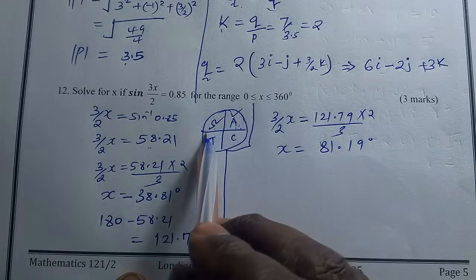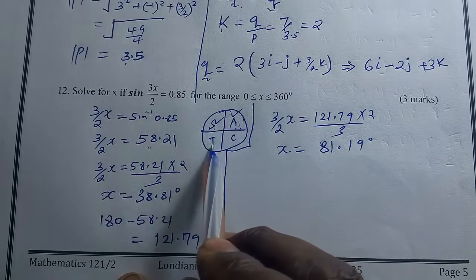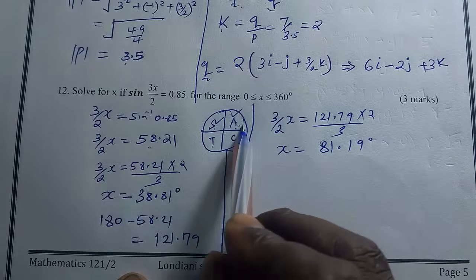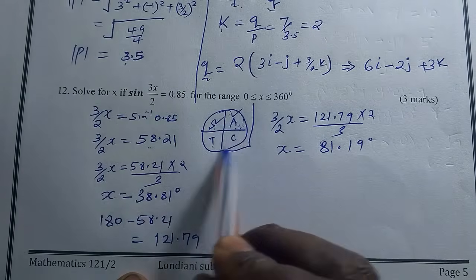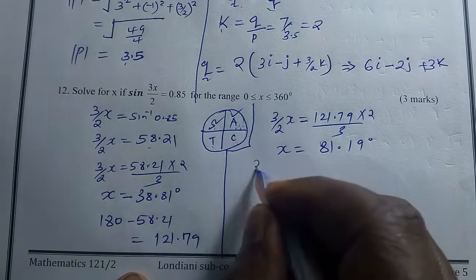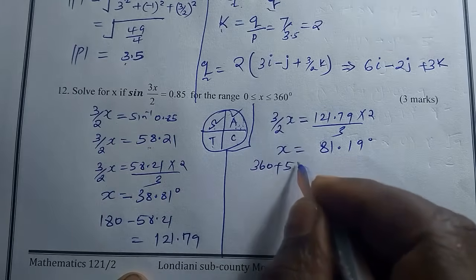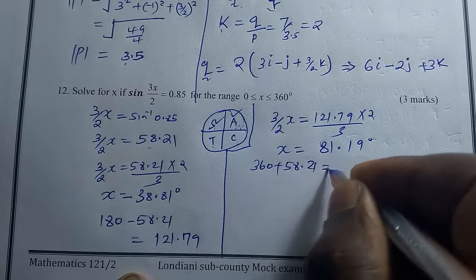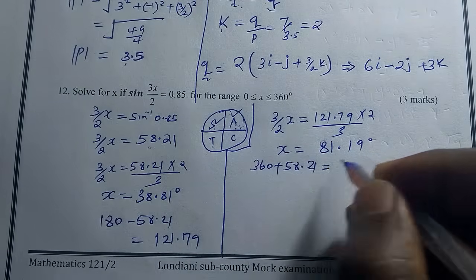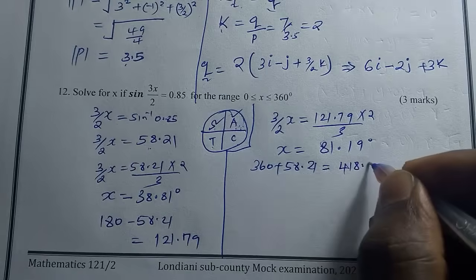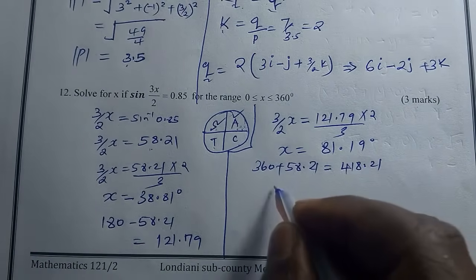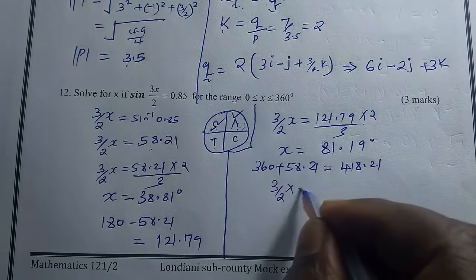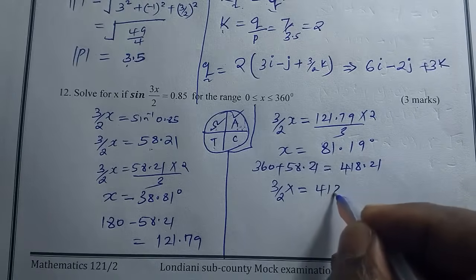The third quadrant is negative, so we come here. How do you get an angle after going 360? It is 360 plus 58.21. That one will give us 418.21.